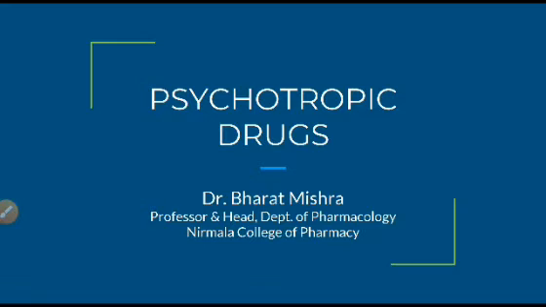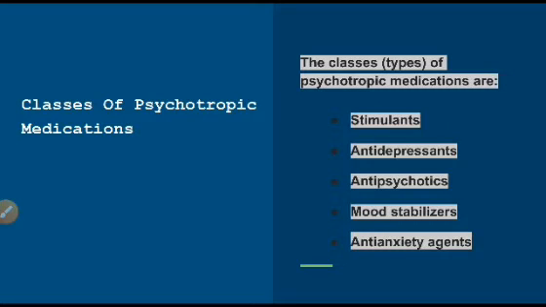In this, some of the diseases and their treatments or their managements will be covered under this chapter. So this chapter we call psychotropic drugs. So we'll see what these psychotropic drugs cover.